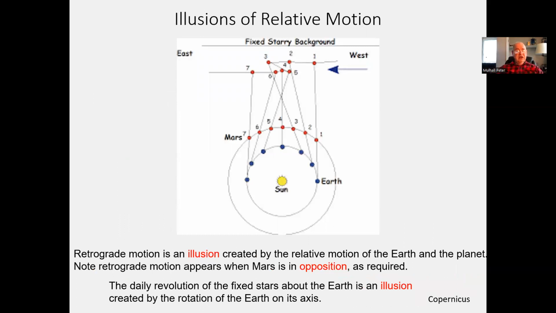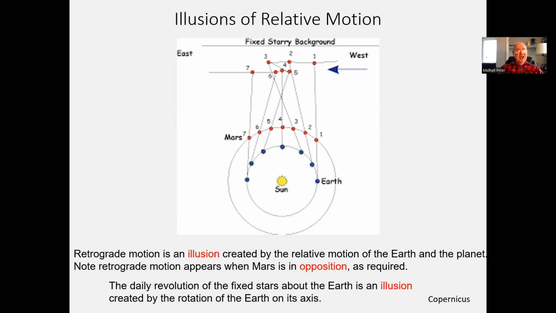And we'll get started with the pretty pictures, okay? Hopefully you've had a chance to look at some of the videos that I've suggested, and they go through this very nicely, the explanation of retrograde motion. It is purely an illusion. Retrograde motion is not real. It's an illusion because we're looking at the planets from a moving platform, okay?